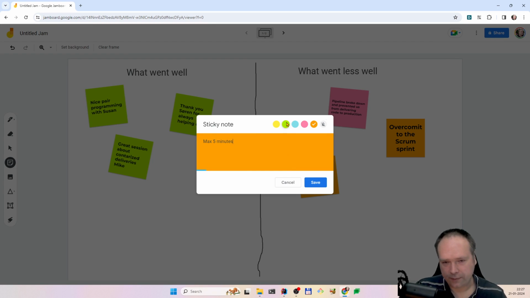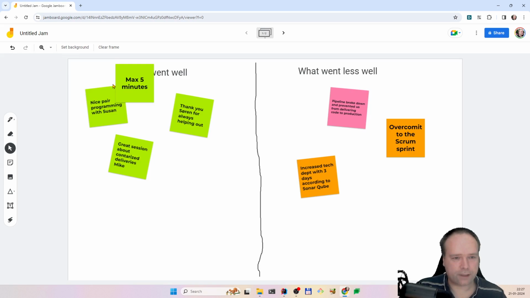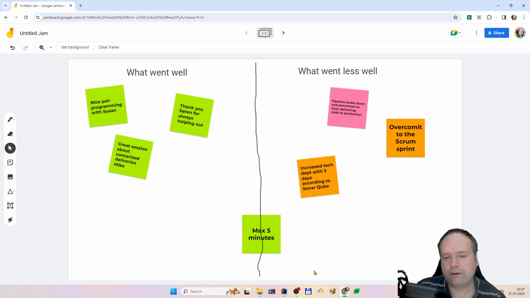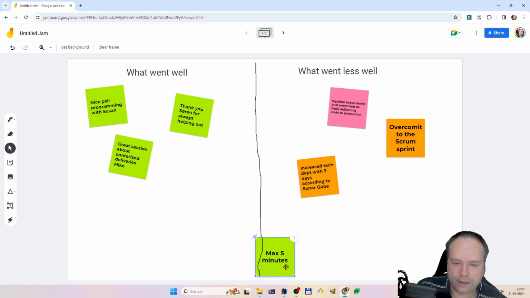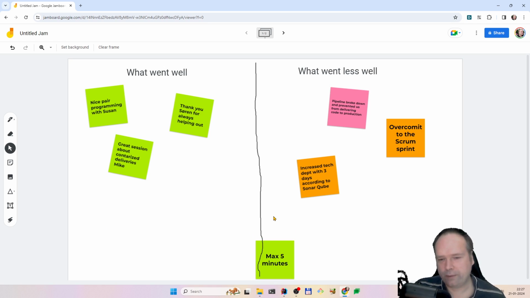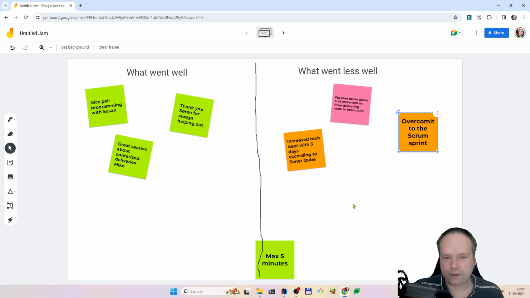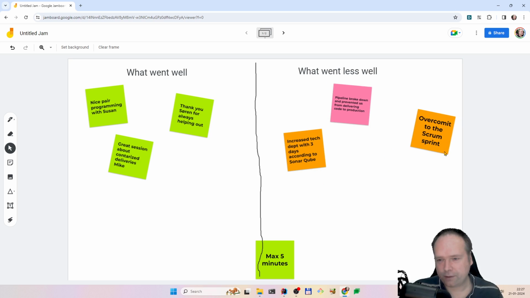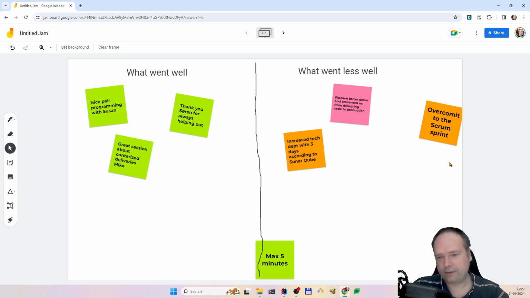You could also give it 10, but 5 minutes is usually enough, because if people get longer than 5 minutes, then they try to make up problems or scenarios that were not that bad, but now they mention them anyway, because you give them a task to provide these notes, which was stuff that was not good. Then of course people will make up stuff or find stuff, right? Maybe the coffee machine was out of coffee for half a day. Then that note will come up here, right?